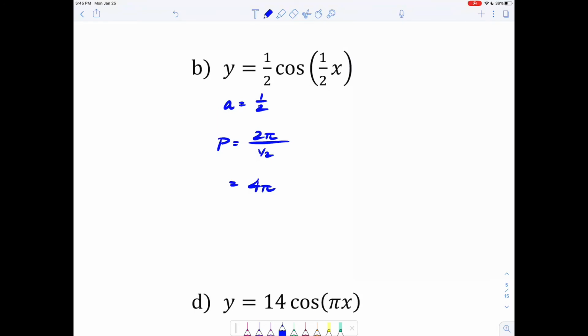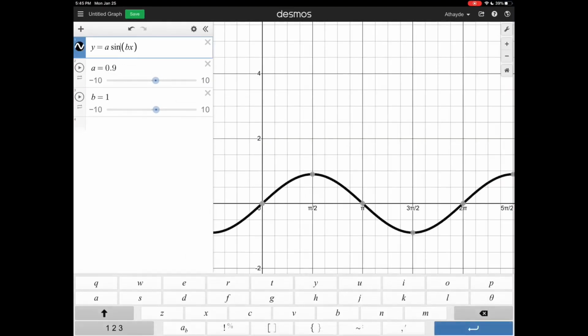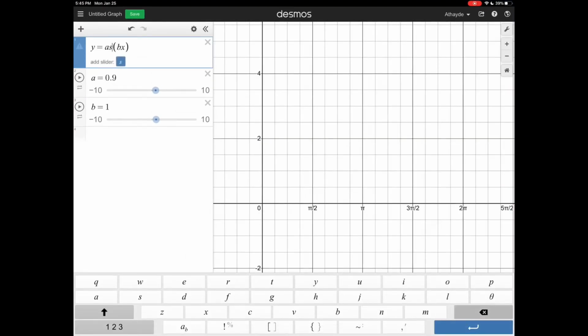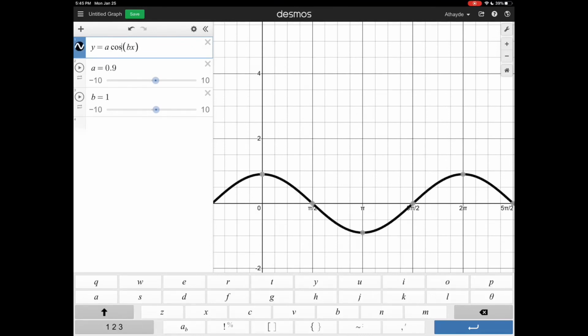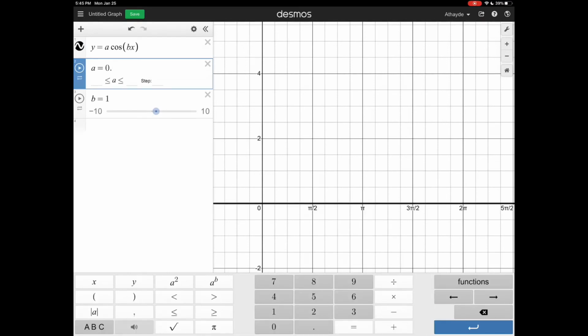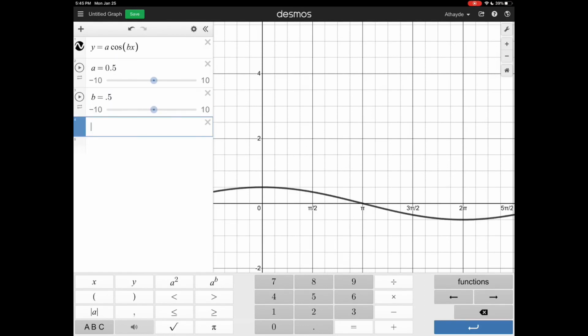And again, if you want to see that in action, let's change that to cosine. This was 1/2, and b was also 1/2. And we can compare that to the regular cosine function. So we see the difference there.